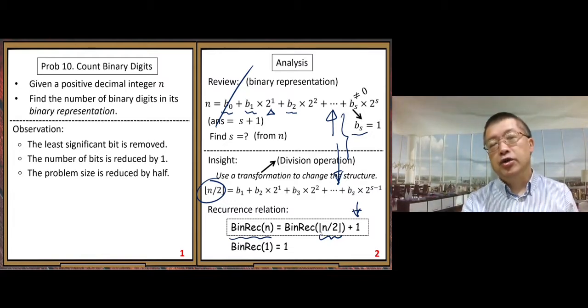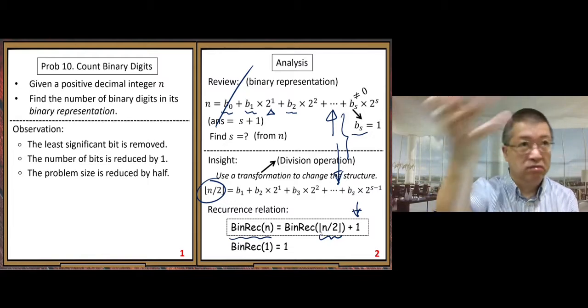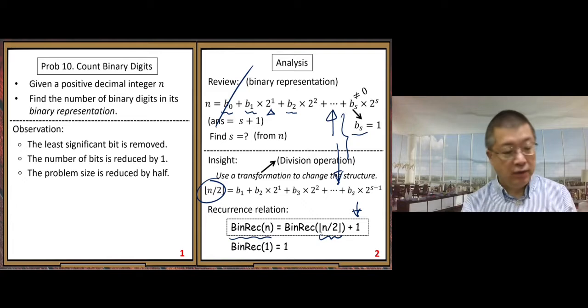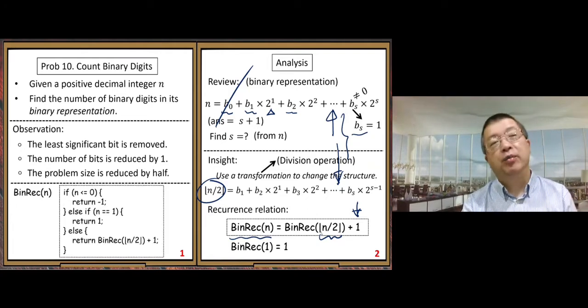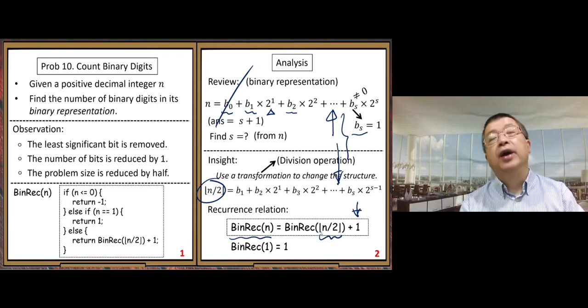So when we solve, there are 2 ways we can do it. First, we write a computer program, implement this function, and find the value. Pretty straightforward. But another way, we want to derive a formula for it.